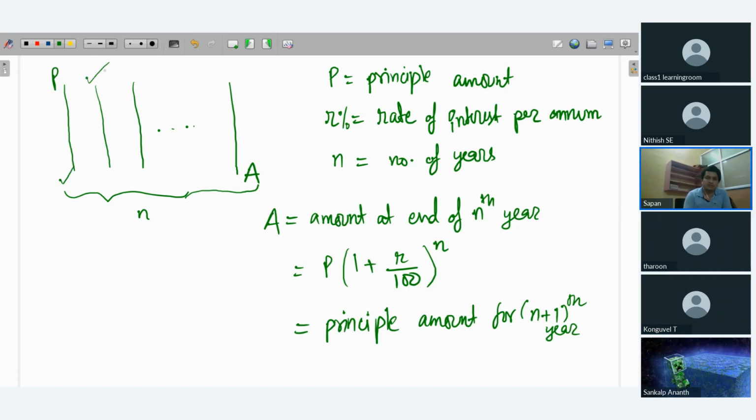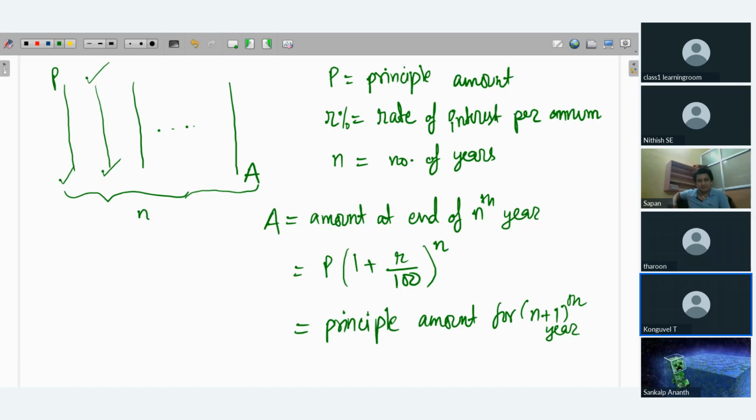Take that as the principal for the second year, find the amount for the second year, and continue for 2 to 3 years. You will realize that it follows a pattern, and the pattern is just this one. And what is R? The rate of interest per annum. So always write the complete information.